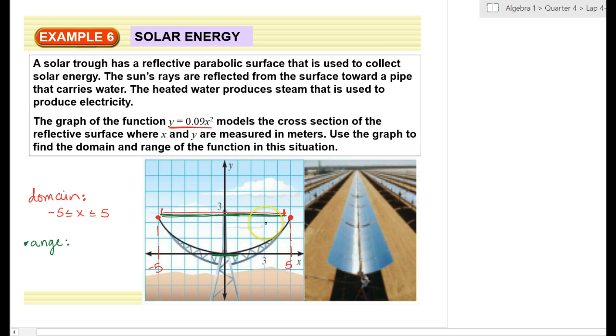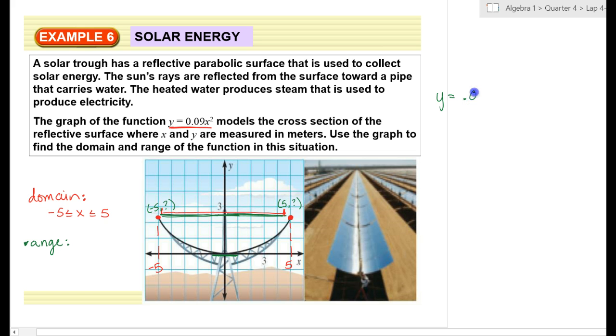Well, that point's not as easy to figure out. But those coordinates are 5 comma something and negative 5 comma something. So how would I figure out that y value? Well, all I have to do is just plug it in.